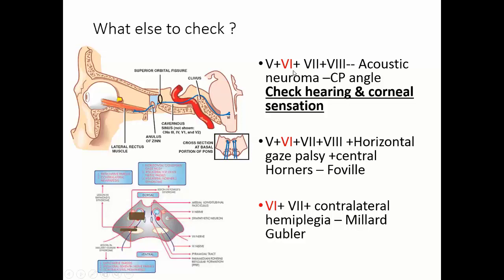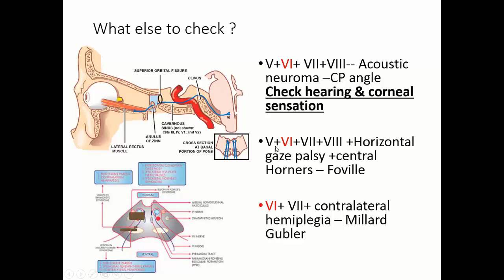So in all patients with apparently isolated 6th nerve palsy, you have to check for hearing, otherwise you will miss 8th nerve palsy, and you have to look for corneal sensation. When you say 5th, you have to check for ophthalmic, maxillary and mandibular divisions, but the first one to go is the corneal sensation. So it is very important in all those patients, although it may be unpleasant for the patient, all patients with 6th nerve palsy, you have to check for corneal sensation.